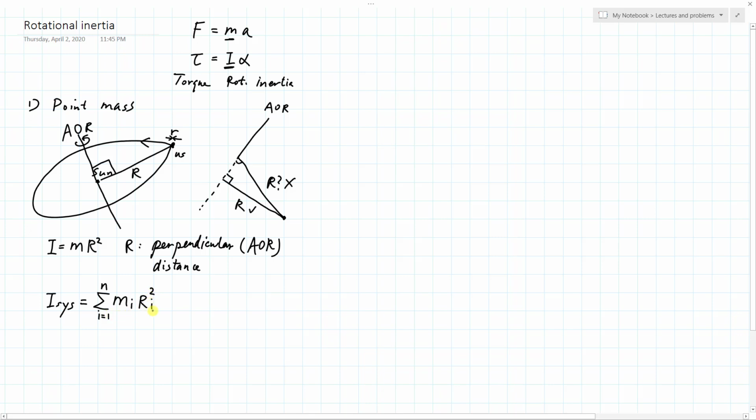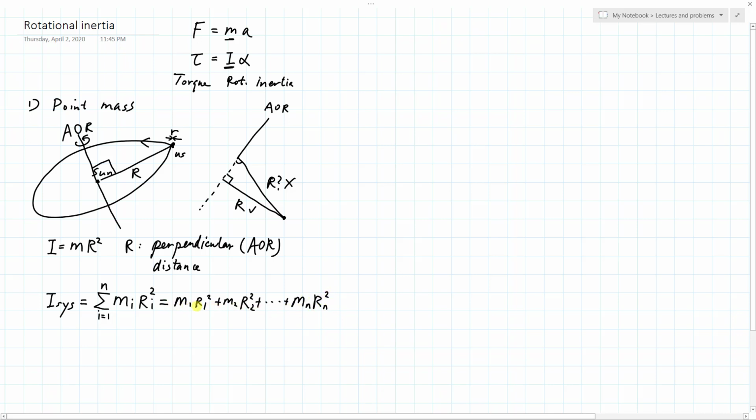So we have a large sum here, and this sum is basically each mass independently contributing. So this could be m1 r1 squared plus m2 r2 squared plus the rest of the masses, right? The last term is mn rn squared. So it depends, right?